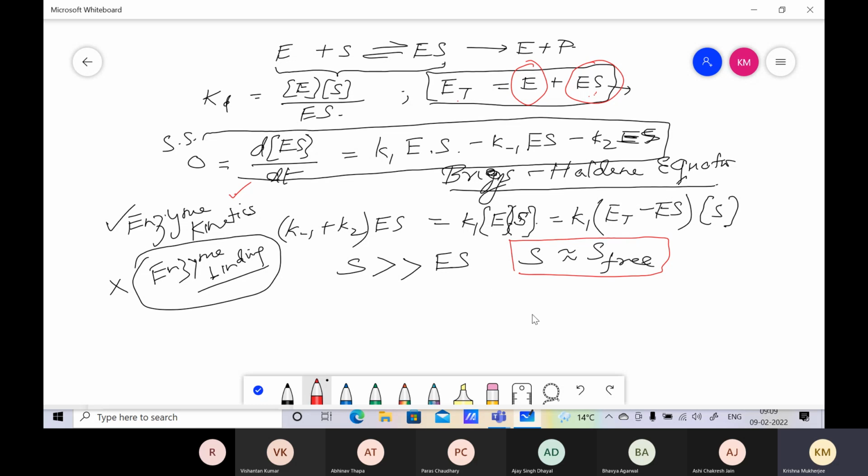You have to be cautious in enzyme binding studies, where the amount of enzyme is so large that the substrate concentration also declines, so you have to set up a similar balance on substrate as well. We are not going to do that, but keep this in mind.